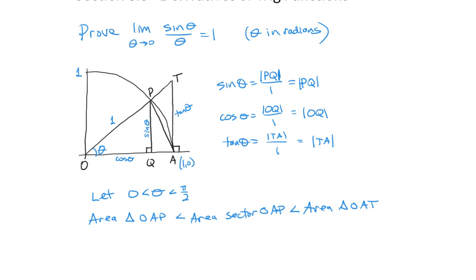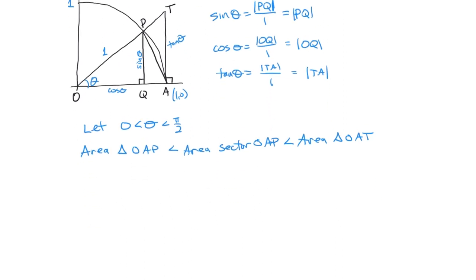The area of triangle OAP, remember this is that straight line up here, is going to be less than the area of sector OAP, because the sector has this curved area. This little sliver that's in the sector but not in the triangle means the sector would definitely be bigger. And then sector OAP is definitely smaller than the area of triangle OAT, which is the bigger triangle.